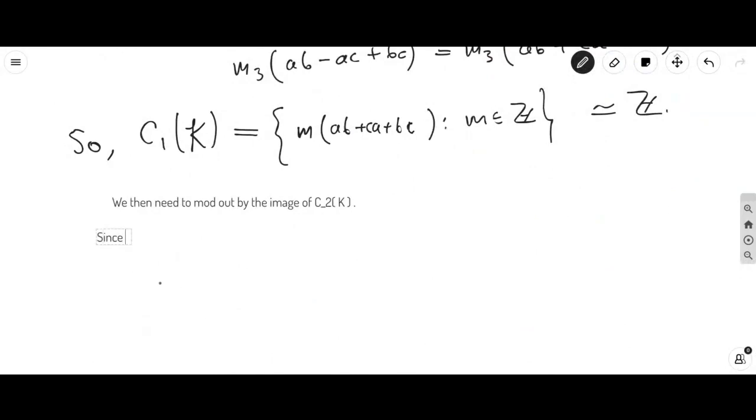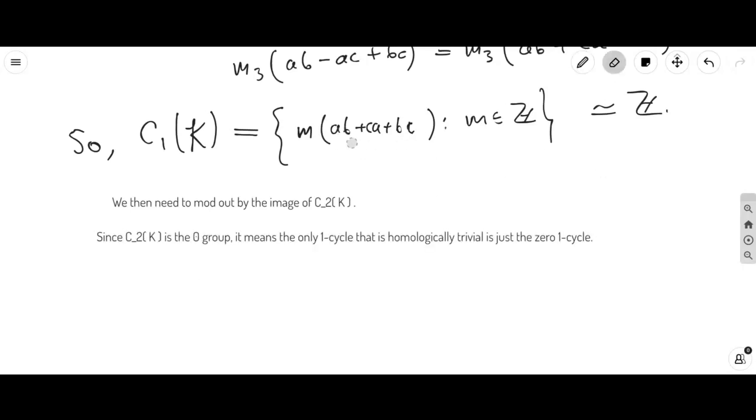And then we would write that since the image is the 0 group, it means the only 1-cycle that is homologically trivial is just the 0 cycle. So that means there's no need to put any equivalence classes.